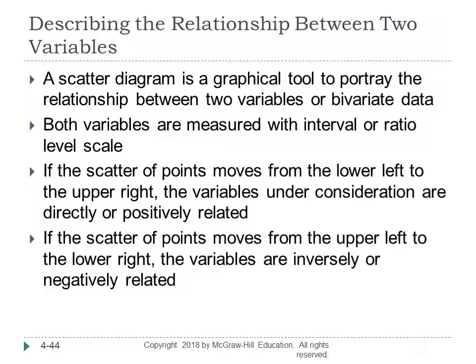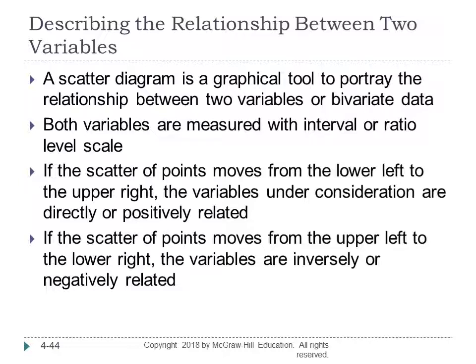This is paired data. It's reported in pairs. One is for the first variable and the second value is for the second variable. So you can plot them as points, and the plot is called a scatter diagram. Both variables are measured with interval or ratio level scale.